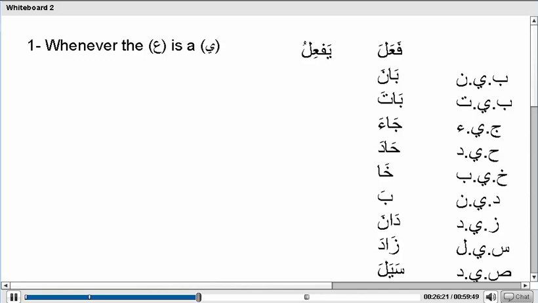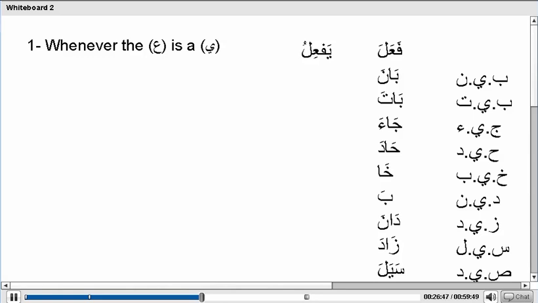But what's the verbal noun of qala? Qawl. See? It showed you that it is a waw. Okay? Also the mudari'. Do you say from qala yaqulu or yaqilu?